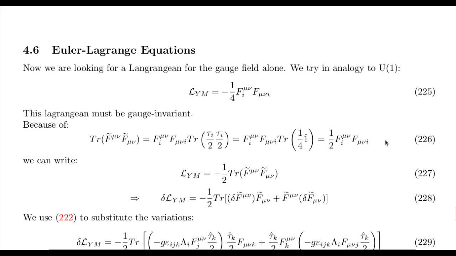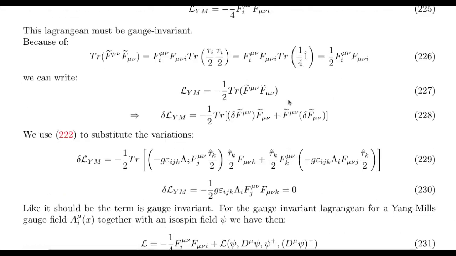If we compare now this term 226 with the term 225, we see the only difference is a factor minus a half. And so we can write for the Lagrangian minus a half and the trace of the scalar product of the two f tensors. Here we want to look at the transformation behavior.